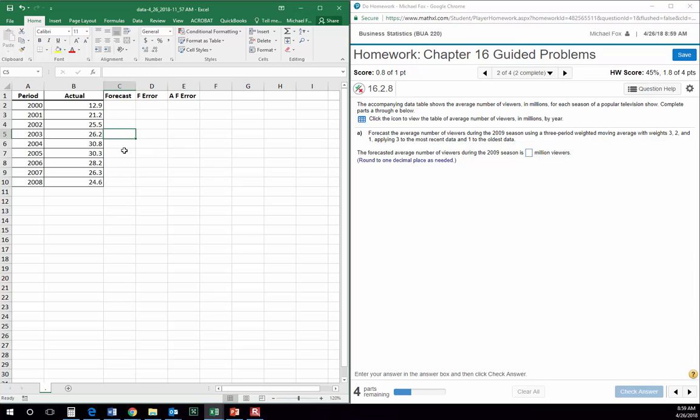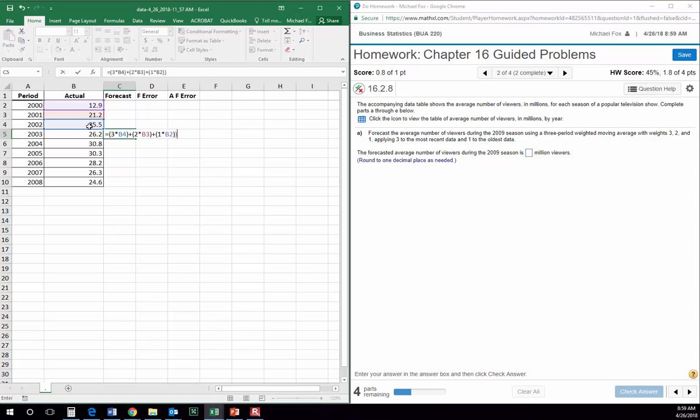So our forecast for the 4th period, or the 2003 year, is going to equal our weight of 3 times the actual of the previous period, plus our weight of 2 times the forecast of 2 periods before the previous period, plus our weight of 1 times the forecast of 3 periods before the previous period.